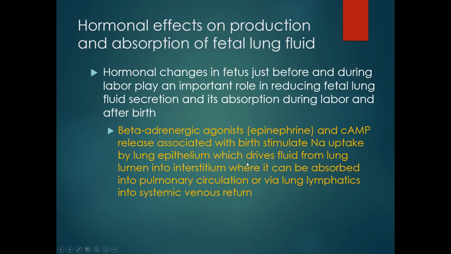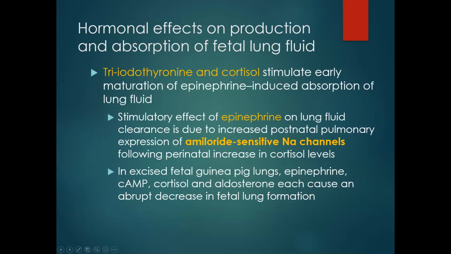So this time, the clearance is the direction of the fluid shift in reverse. And this can be triggered not just by shutting off the chloride pump, but also by the secretion of different hormones like epinephrine, okay? And then the lymphatics and venous circulation will take care of the clearance of the fluid from the lumen to the interstitium and then back into the circulation.